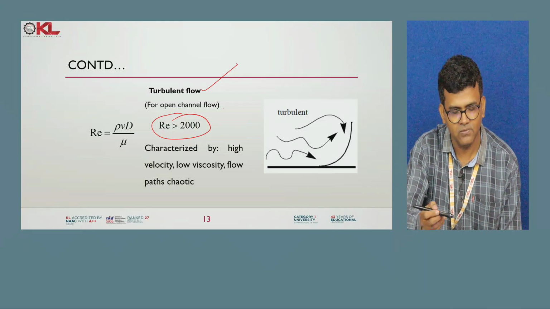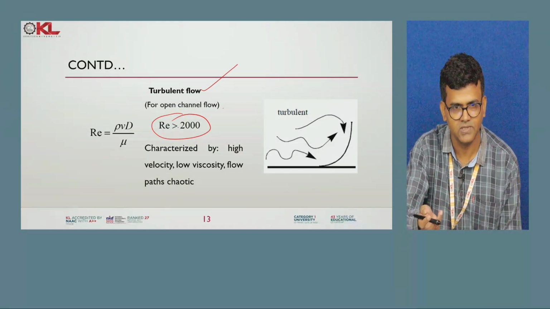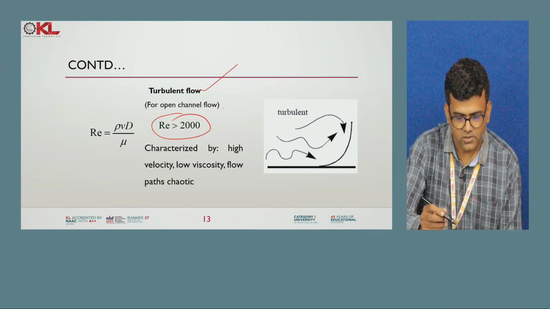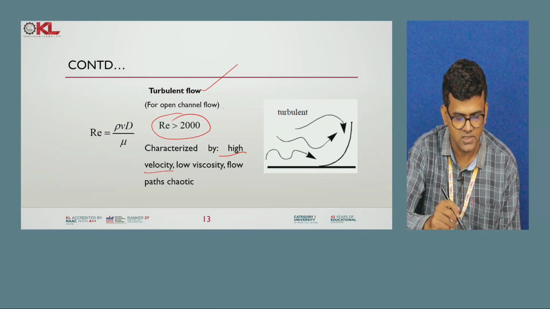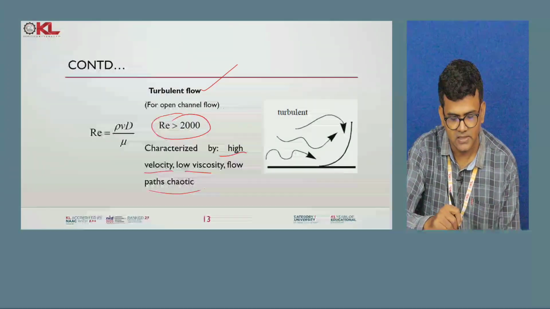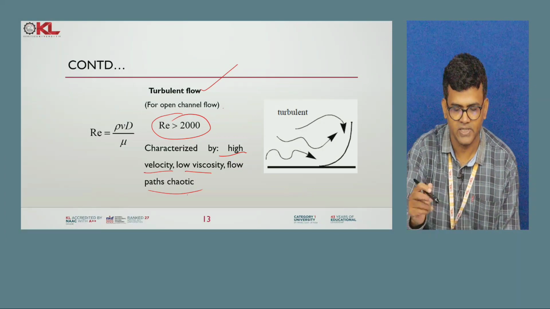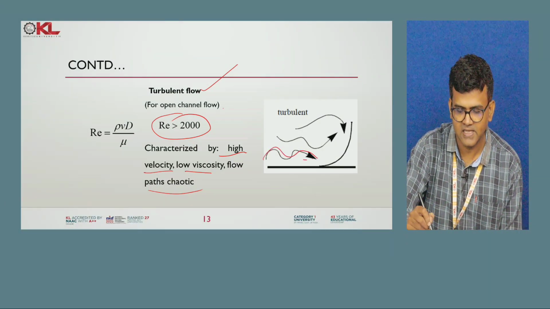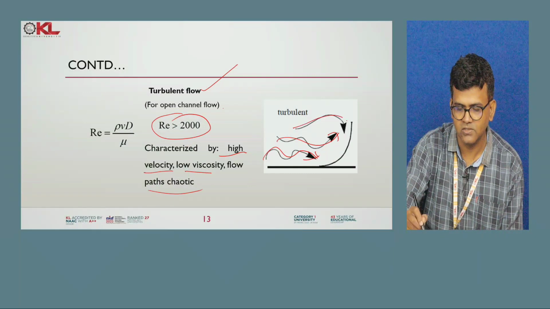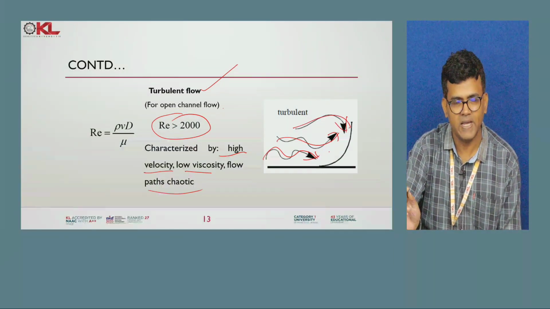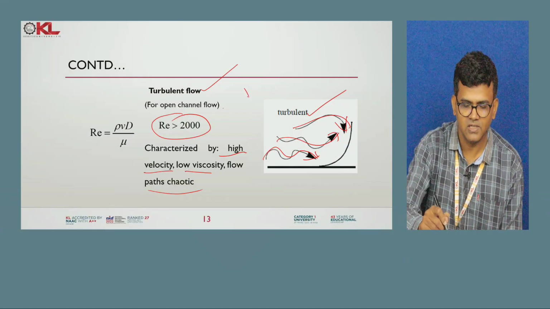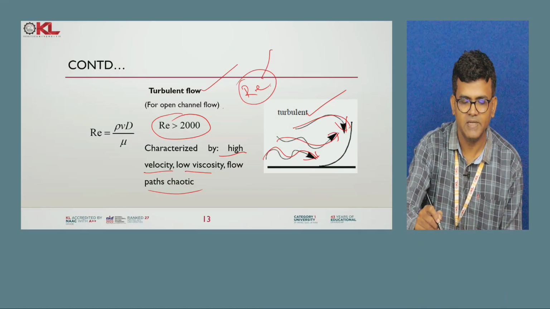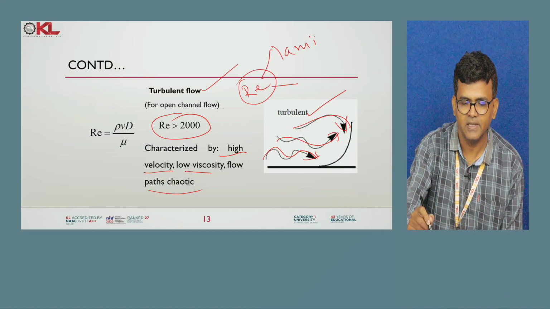In case of pipe flow, the Reynolds number should be more than 4000. So turbulent flow is characterized by high velocity, low viscosity, and the flow path is chaotic. You can see the streamlines are moving and crossing each other, not parallel to each other. This is called the turbulent flow. So based on the Reynolds number, the flow may be laminar, flow may be turbulent.